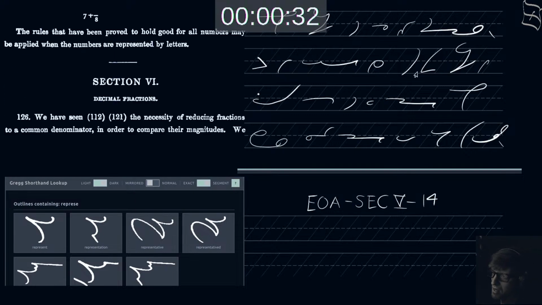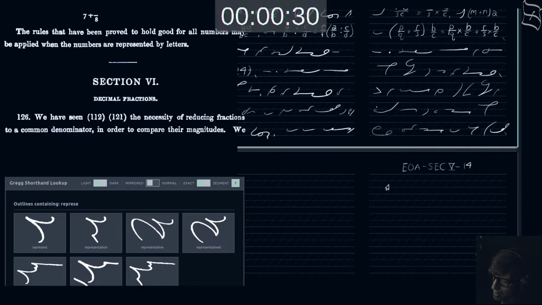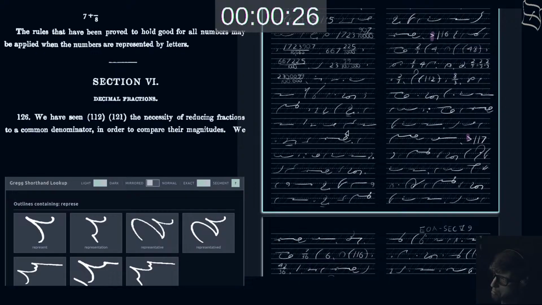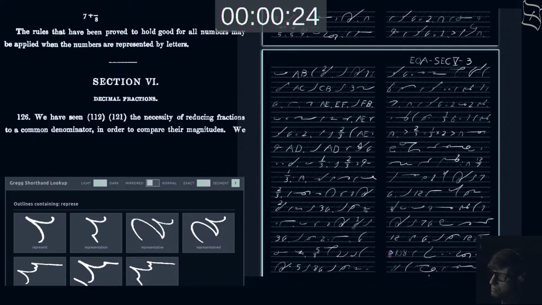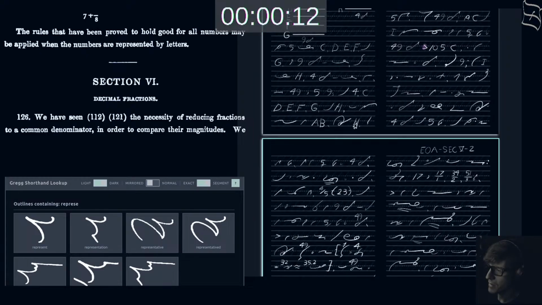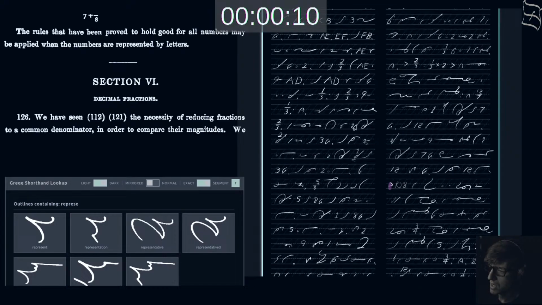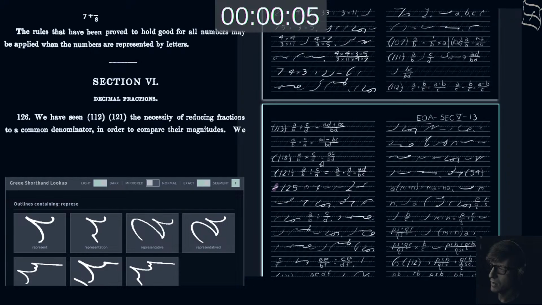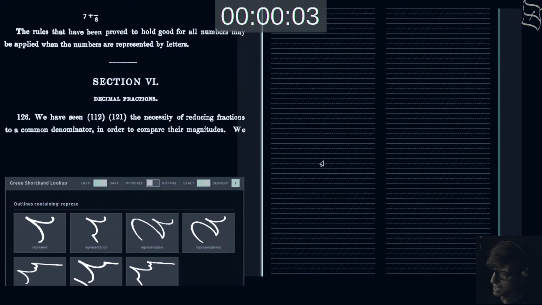That was 13 pages of material. We started section 5 this morning, and that was 7 hours of copywork today. So in 7 hours, I copied 13 pages of material.